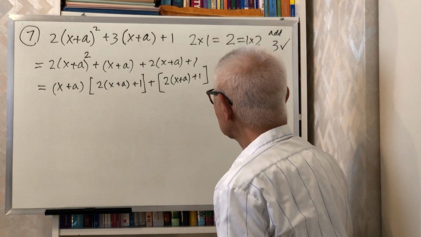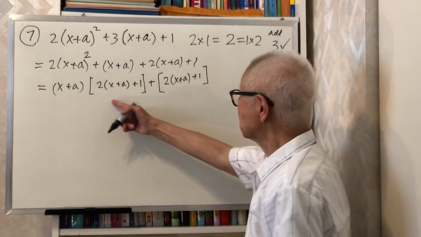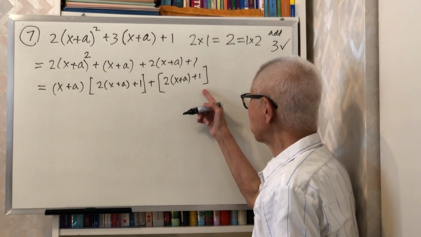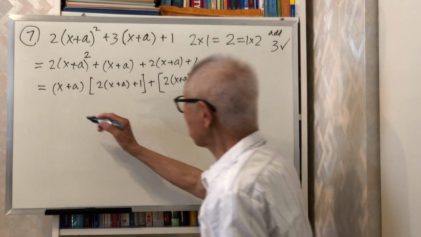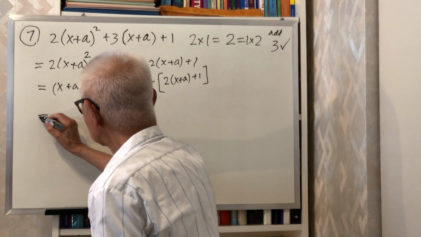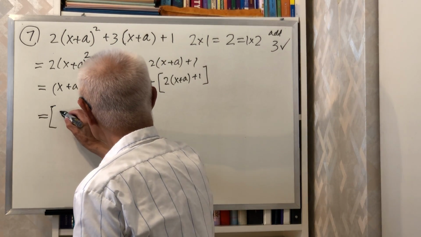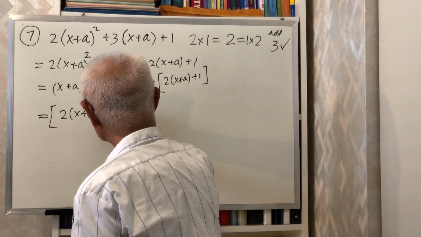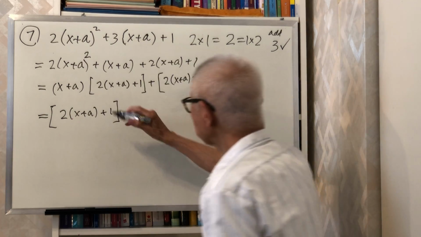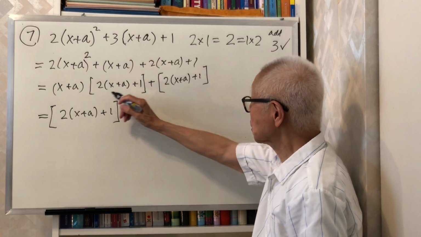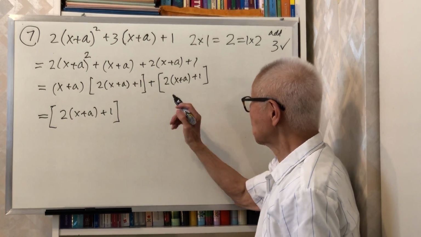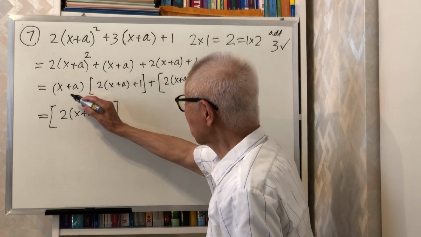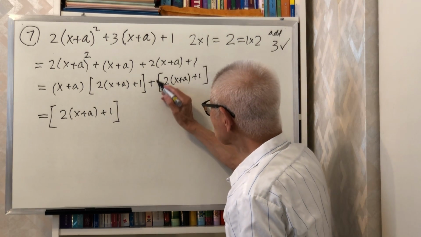Okay. Now you see this square bracket and this square bracket are the same. So I factor out this square bracket. What I have left is x plus a plus 1.